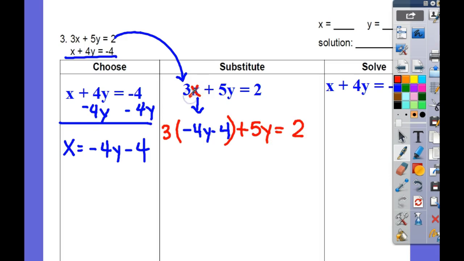In place of this x, I put this part right here that was equal to x. Now I have to distribute. That was a minus 12 plus 5y equals 2. Combine like terms.